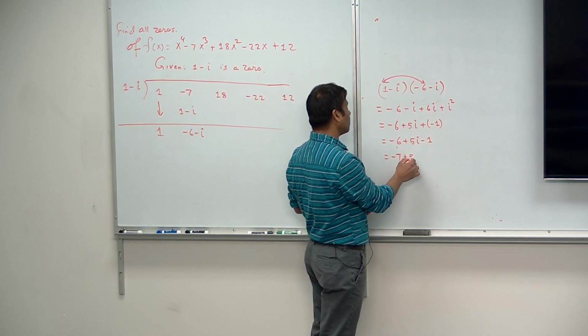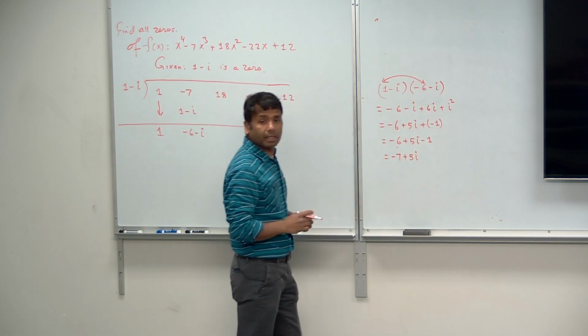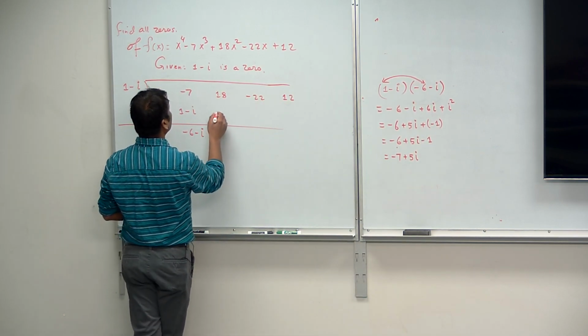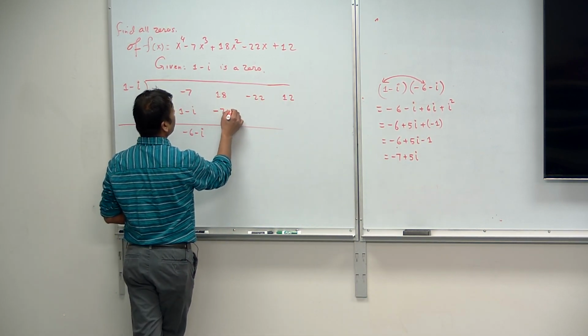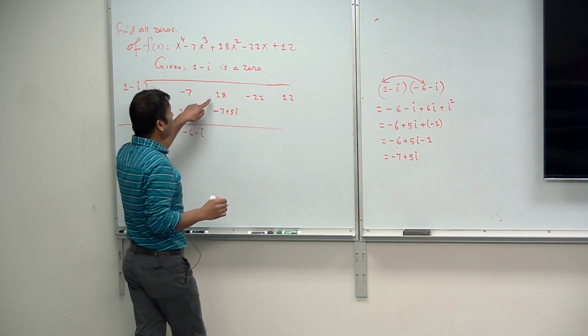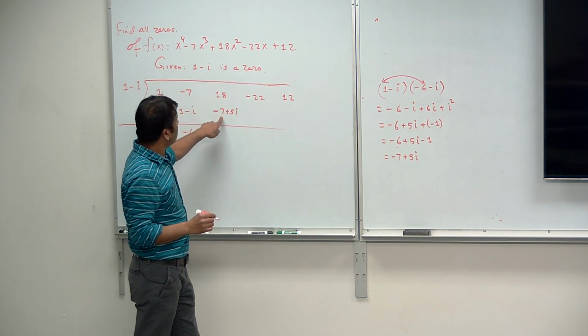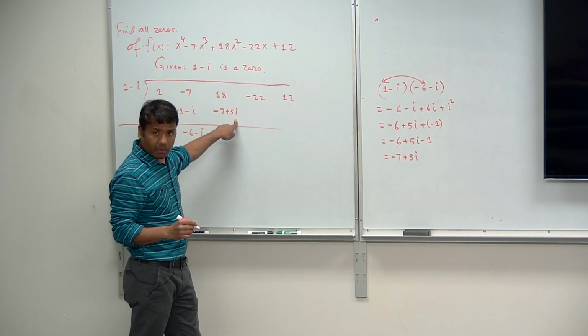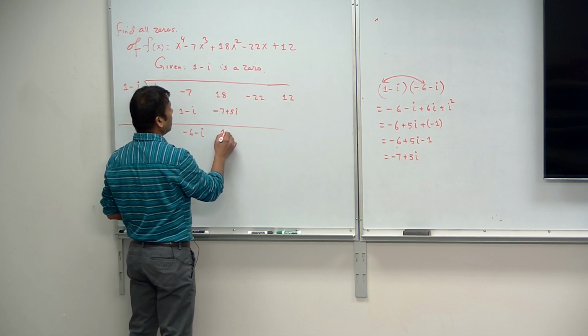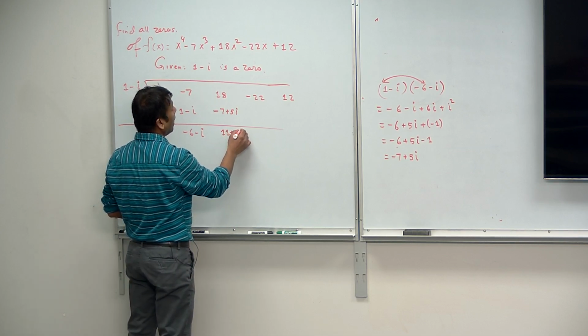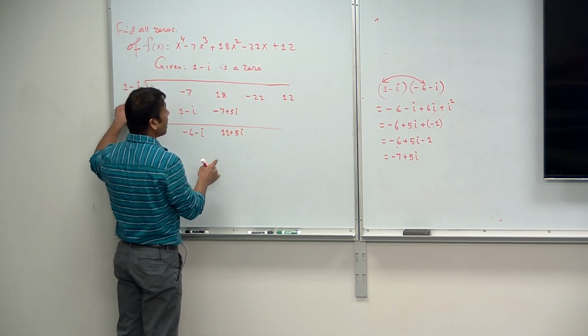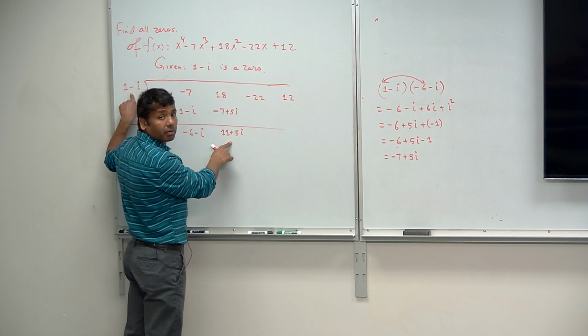Negative 7 plus 5i. That makes sense? So now you put here negative 7 plus 5i. And then you combine 18 plus negative 7 plus 5i. What is that? 11 plus 5i. Now you need to multiply 1 minus i and 11 plus 5i.